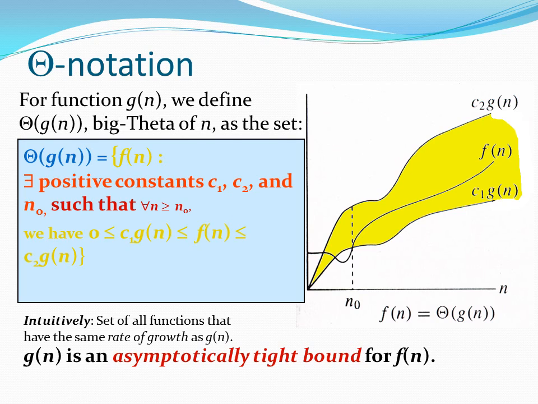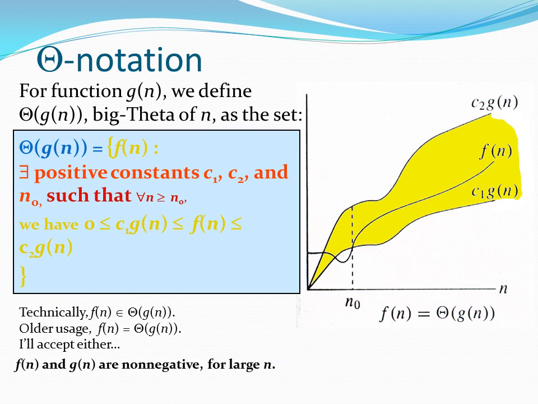By seeing the graph representation also we can understand that the time lies between the minimum amount of time and the maximum amount of time. That is denoted by theta notation. It represents the average time complexity of an algorithm.